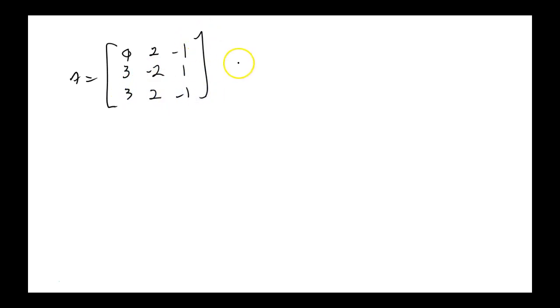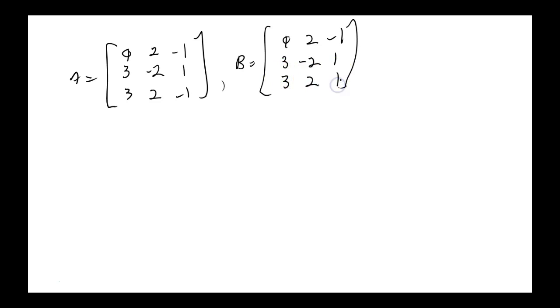That's matrix A. Here's matrix B: 0, 2, negative 1; 3, negative 2, 1; and 3, 2, 1.